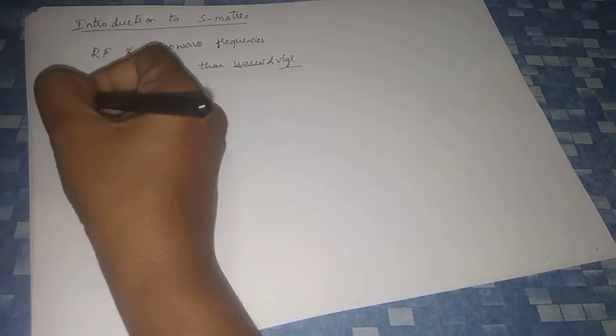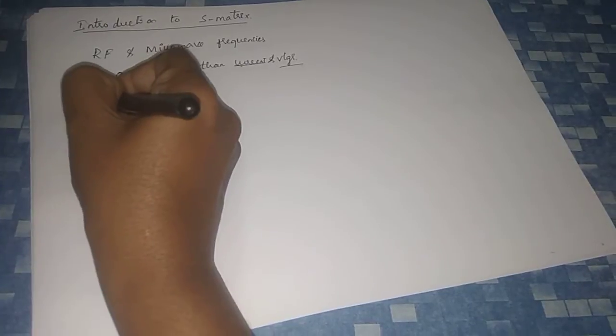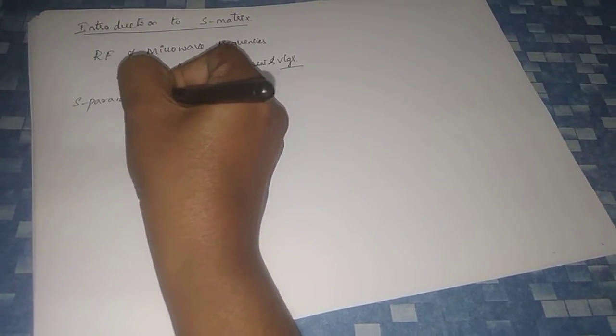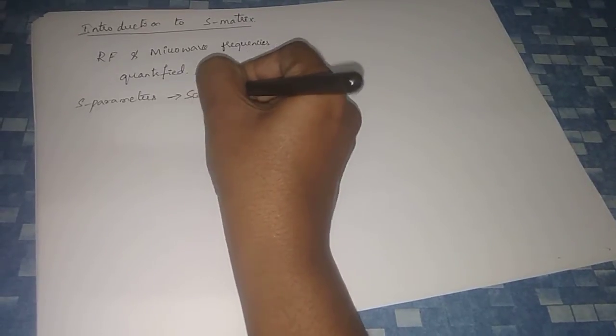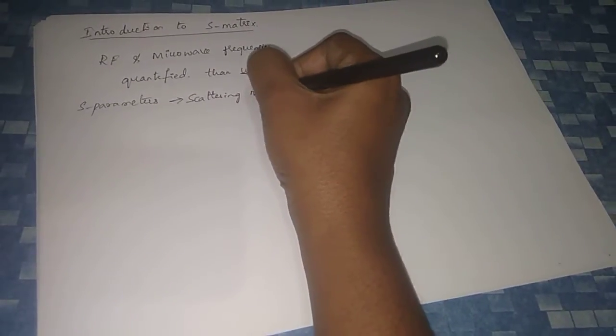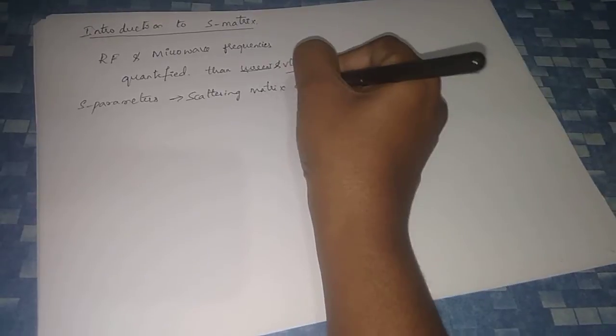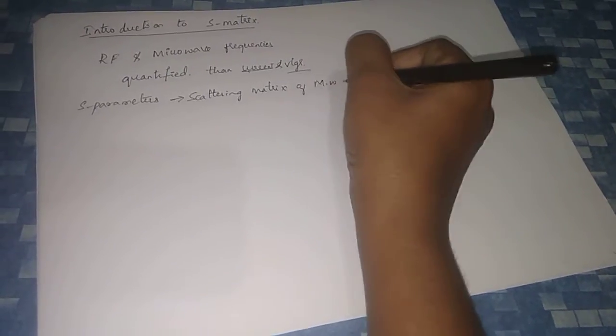So S parameters refer to the scattering matrix of your microwave network.